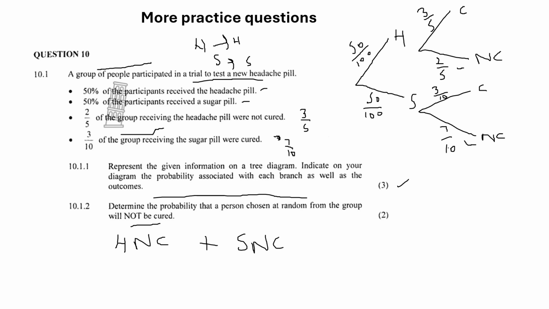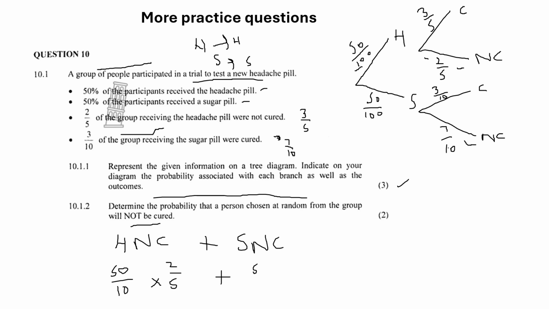So we know headache was 50 over 100, the first branch here, and then we go to this one. So the headache is 50 over 100, and you multiply that with not cured, which is 2 over 5. And remember, if you're doing those mixtures, you must add them. So we're going to add that with sugar.